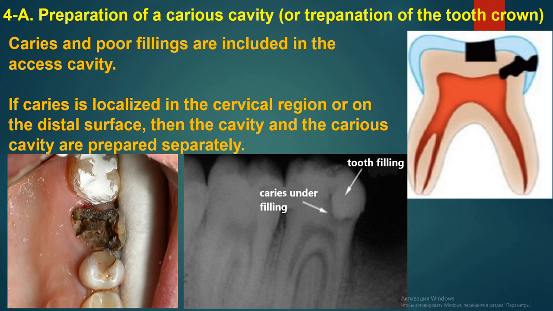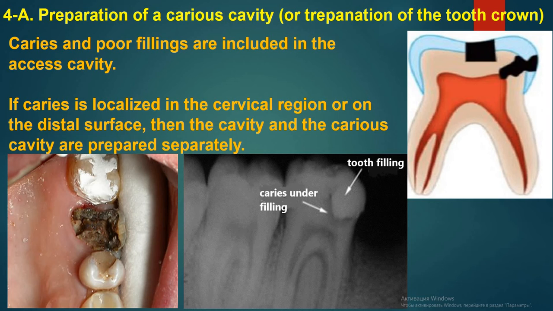Stage 4A. Preparation of a carious cavity or trepanation of the tooth crown. Caries and poor fillings are removed, including the excess cavity.